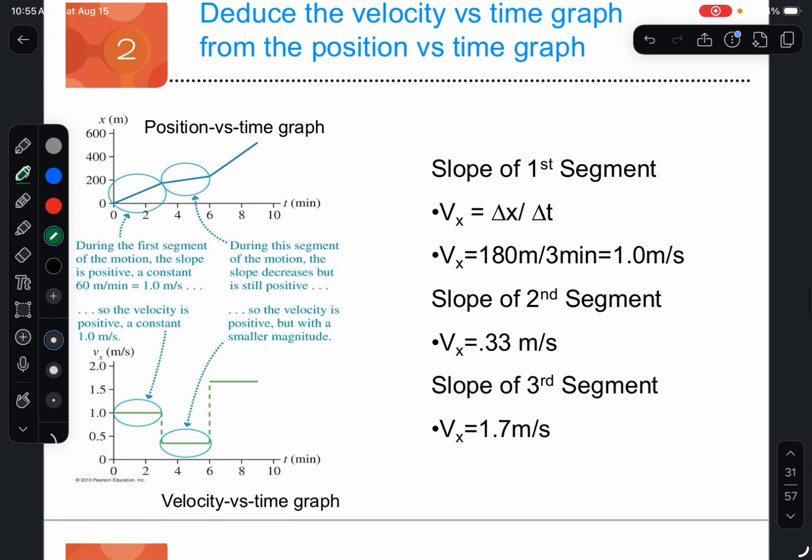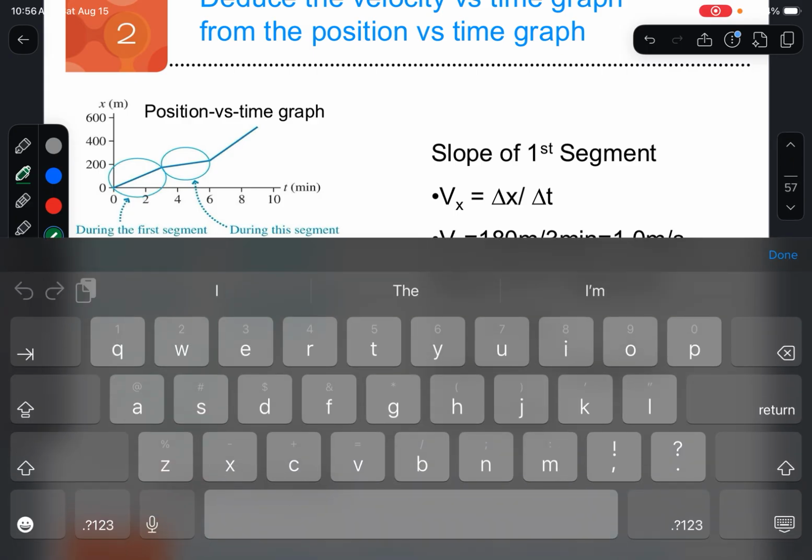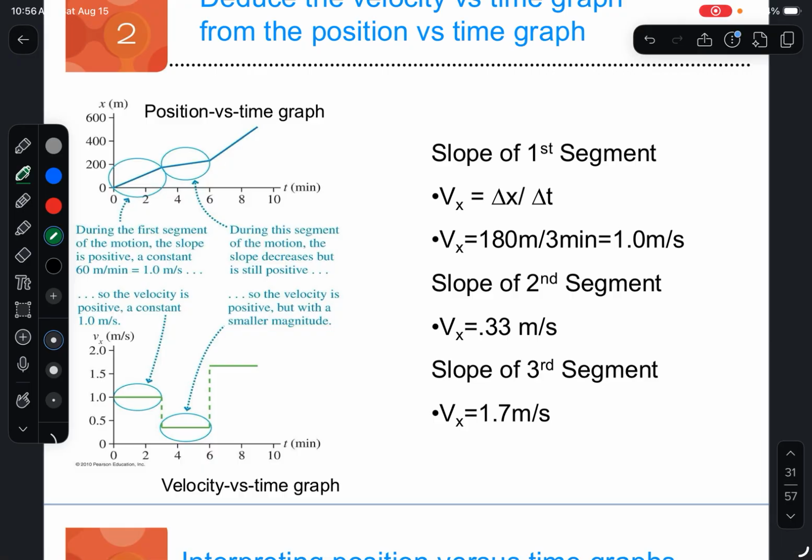Here, shown in a little more detail, we have our position versus time graph, and we're finding the slope of our first, second, and third segments. For our first segment, we have a velocity of 1 meter per second. Our second is 0.33 meters per second, and in our third we have 1.7 meters per second.